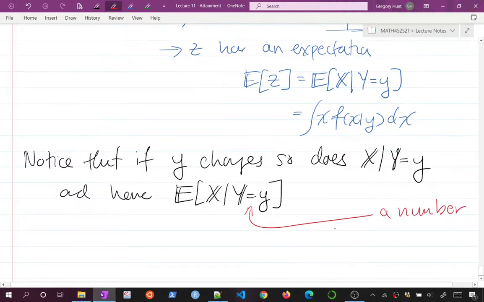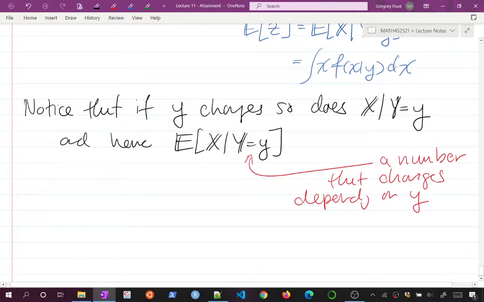But it's a number that changes depending on little y. We have a name for that, i.e. a function. That's what we call numbers that change depending on other numbers. We call them functions, right?